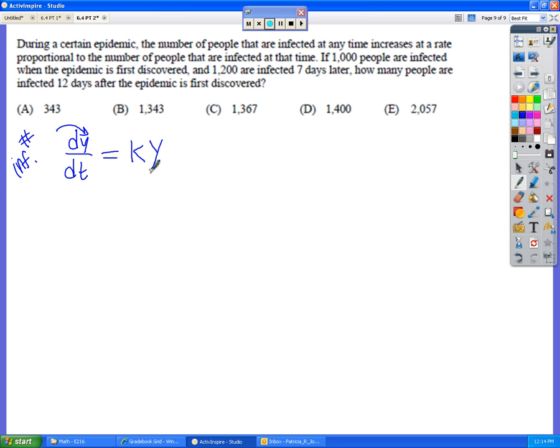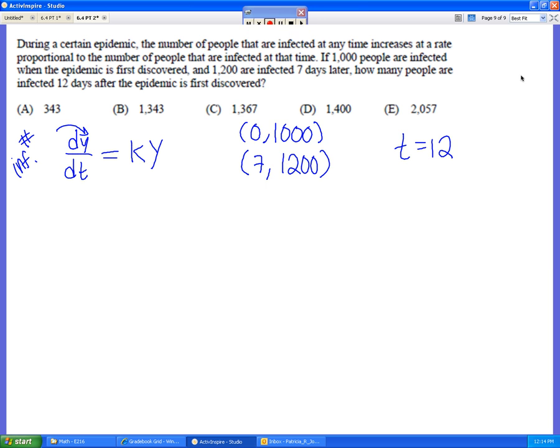If 1,000 people are infected when the epidemic is first discovered, so that's 1,000, and 7 days later it's 1,200. Those are the 2 points that you would use to find where time is equal to 12. So this is exactly the same as the problem I just did before. So hopefully this helps you a little bit in understanding.